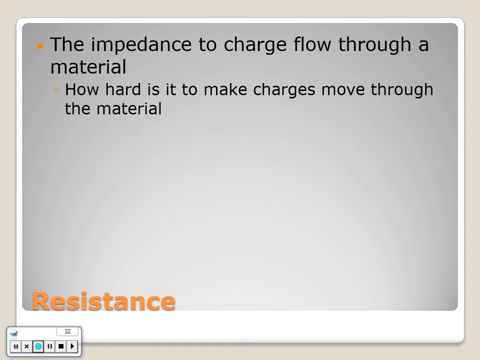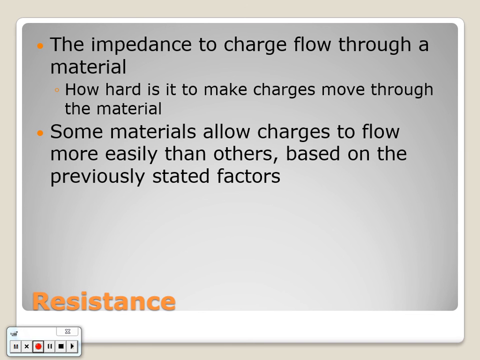Those are generalities, but that's usually what we end up with, all right? So, some materials allow charges to flow more easily than others based on those previously stated factors. Specifically, how tightly do those materials hold their valence electrons? Right? Where it says previously stated factors, right?